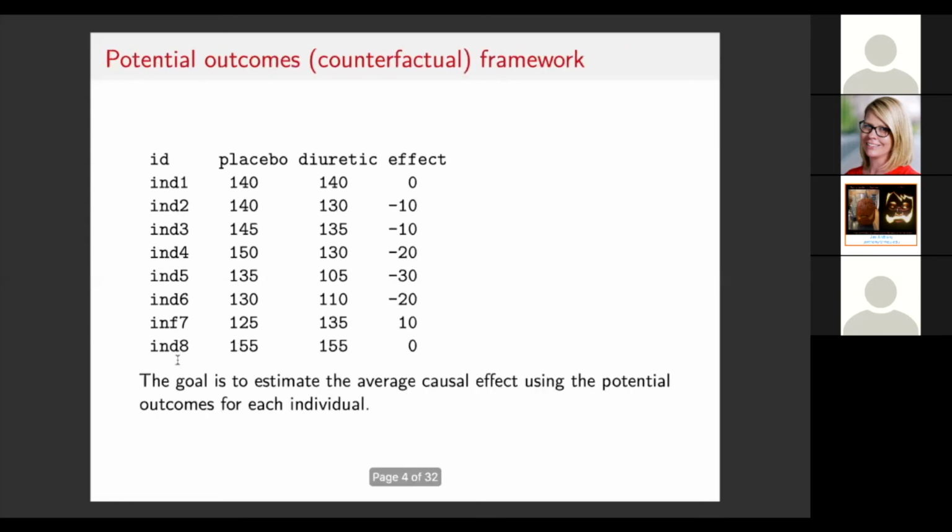Now some of you might say that, well, in certain situations, it is possible to give the individual both placebo and diuretic. In fact, you have these so-called N of 1 trials where you could have a crossover design where you randomize the order in which individuals receive the placebo and the diuretic.